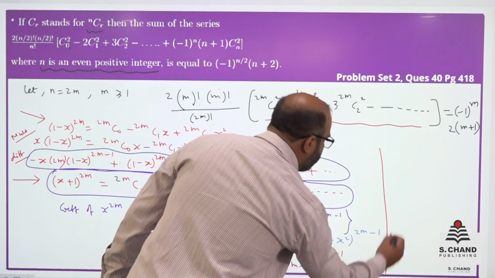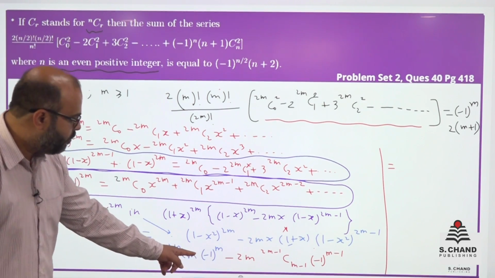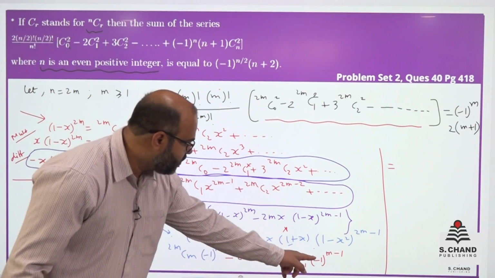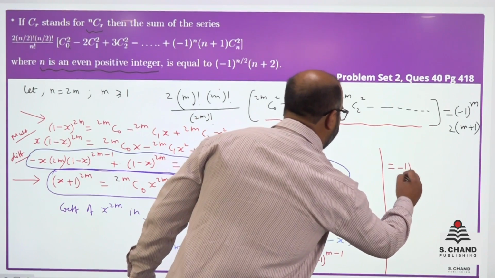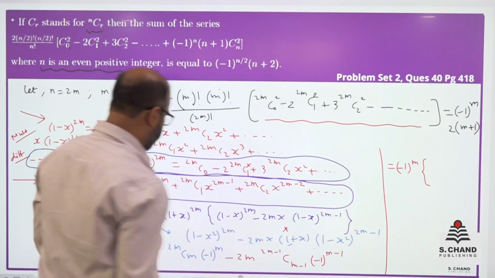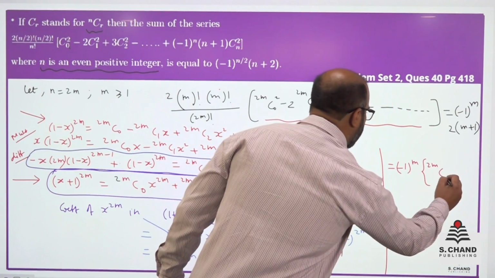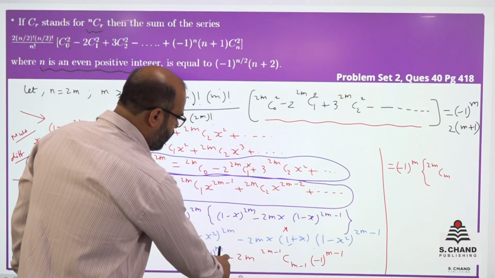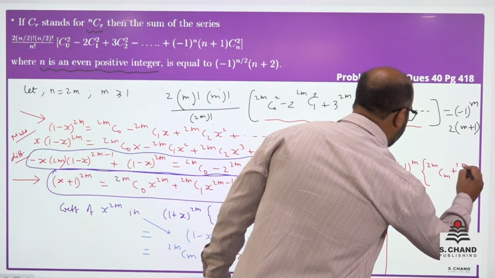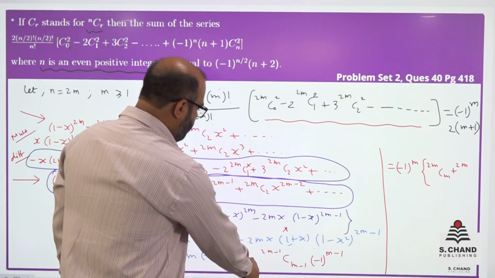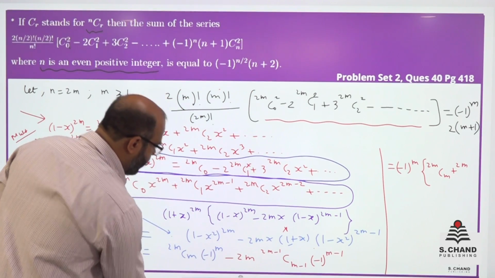So now let us summarize here. This is equal to minus 1 to the power m from here also, and minus 1 to the power m minus 1 is minus 1 to the power m. So minus 1 to the power m common, 2m cm plus 2m into 2m minus 1 cm minus 1.